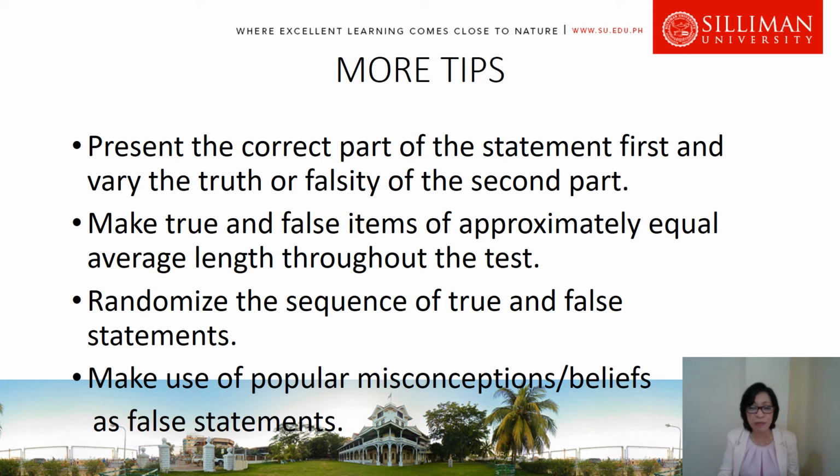I remember I had a teacher before, and this was how she arranged the answers. 1 to 5 false, 6 to 10 true, 11 to 15 false, and so on and so forth. So that's the pattern, and I think one reason why she did that is that for her to check it easily. But yeah, it says here you need to randomize the sequence of your statements. And next, make use of popular misconceptions or beliefs as false statements.